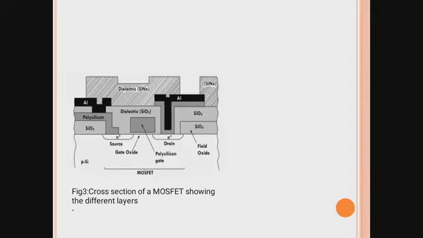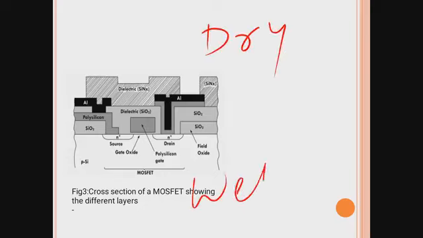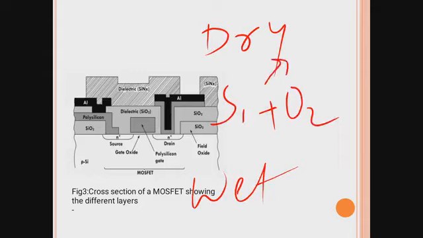Number one is dry oxidation, and number two is wet oxidation. In the case of dry oxidation, the equation looks like this: silicon plus oxygen gas, and after the reaction we get silicon dioxide, an insulating material deposited over the surface area.